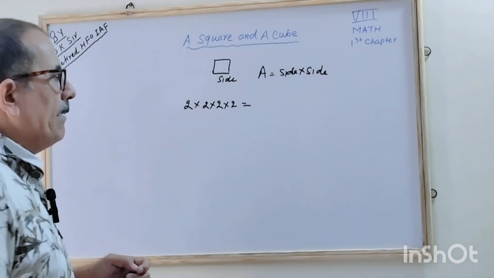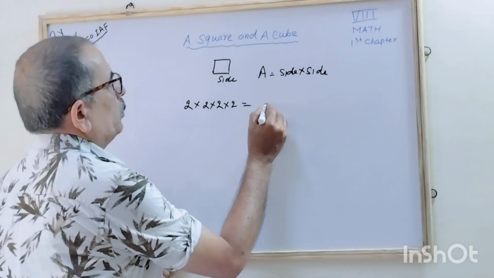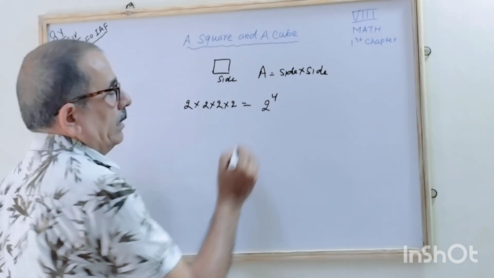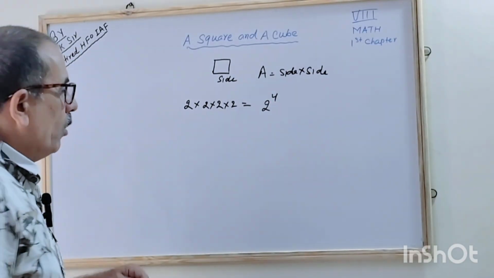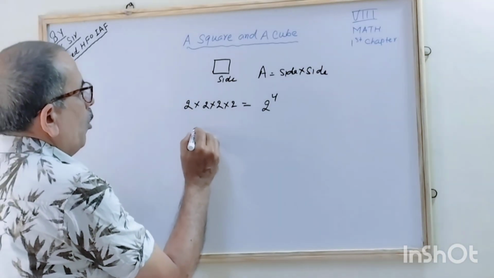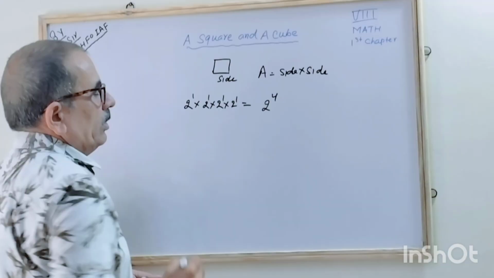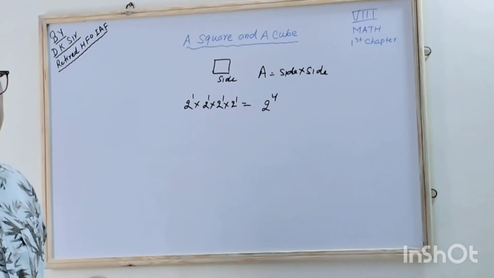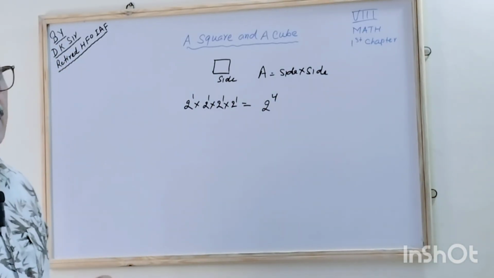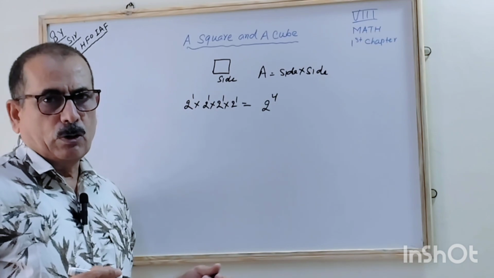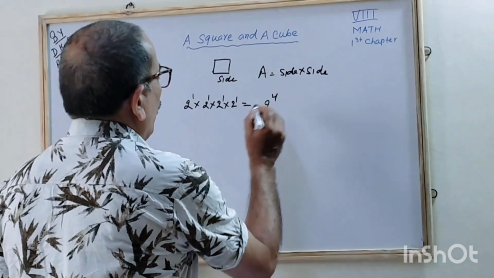The 4 times means we will write 2 to the power 4, correct? You should understand, if no power is given, it means there is a power of 1. You can say the power, you can say the exponent, and you can say the degree also, correct? So 2 to the power 4 is there, correct?